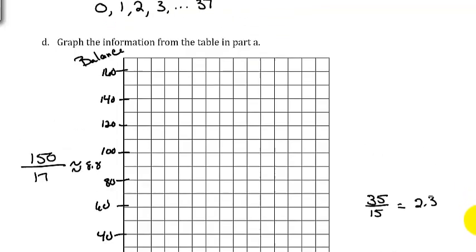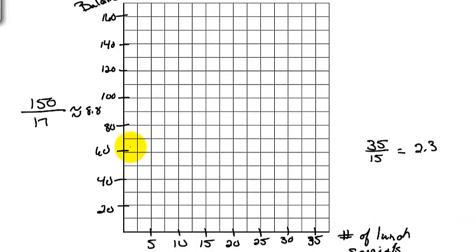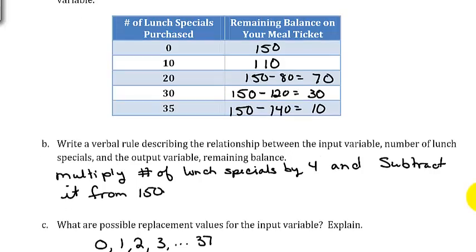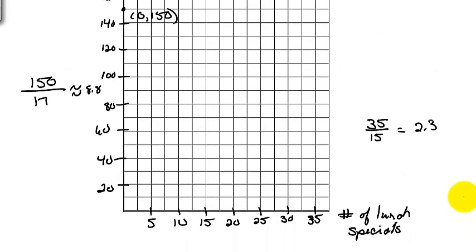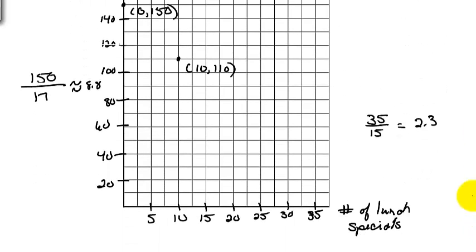Okay, so now let's start plotting our points. So we have the point 0, 150. And we have the point 10, 110. And we have the point 20, 70.